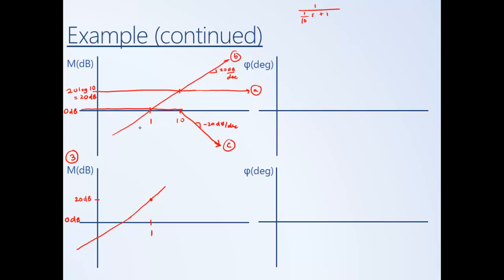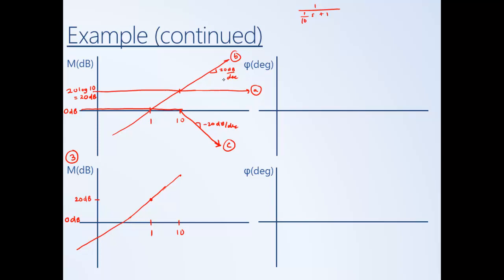In the other direction, component A stays flat, component B keeps the same slope, but component C's slope changes at 10 radians per second. So we'll keep this same slope until we reach 10, and then at 10 radians per second it'll change. Above 10 radians per second we have one component that's flat, has a slope of 0, one component that has a slope of plus 20 dBs per decade, and one component that has a slope of minus 20 dBs per decade.